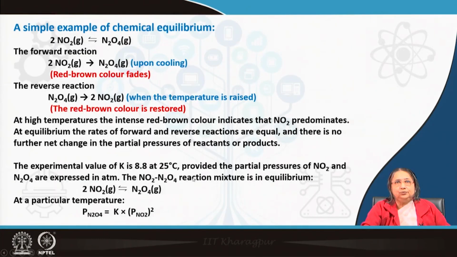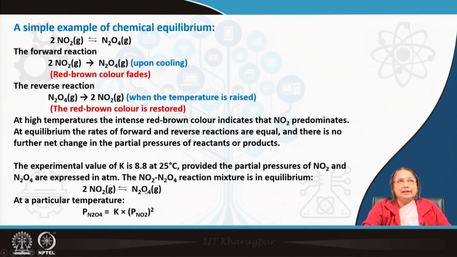The NO2 and N2O4 reaction mixture is in equilibrium as we see here, and at a particular temperature, say 25 degrees centigrade, the equilibrium expression will be like this. K is nothing but, here it is partial pressure because it is gas, the partial pressure of N2O4 divided by the partial pressure of NO2 to the power 2, that means squared. This is the expression.